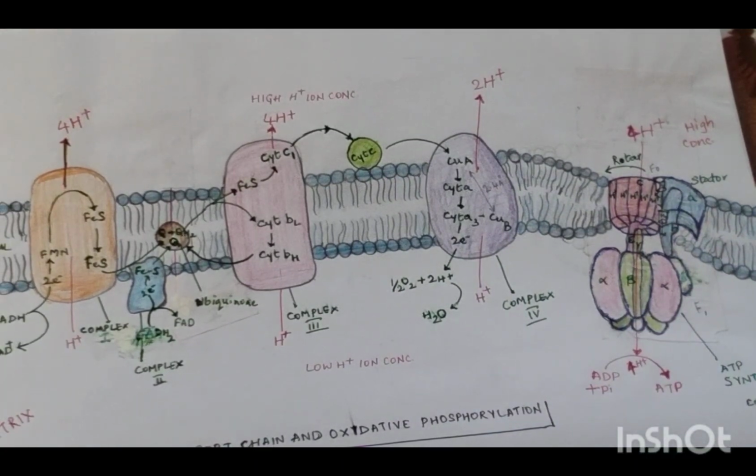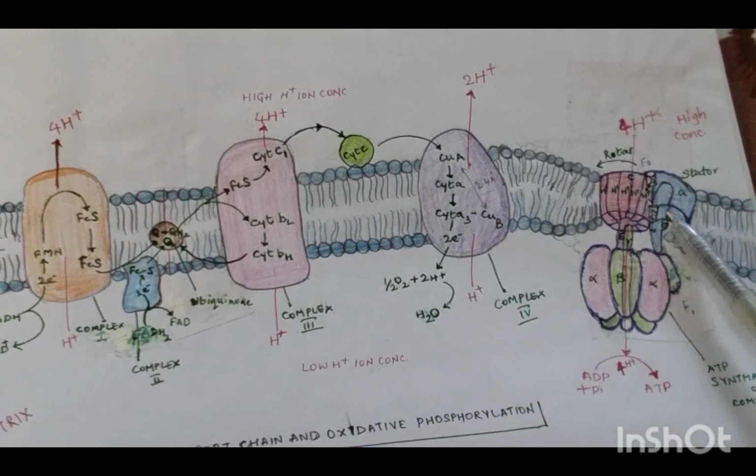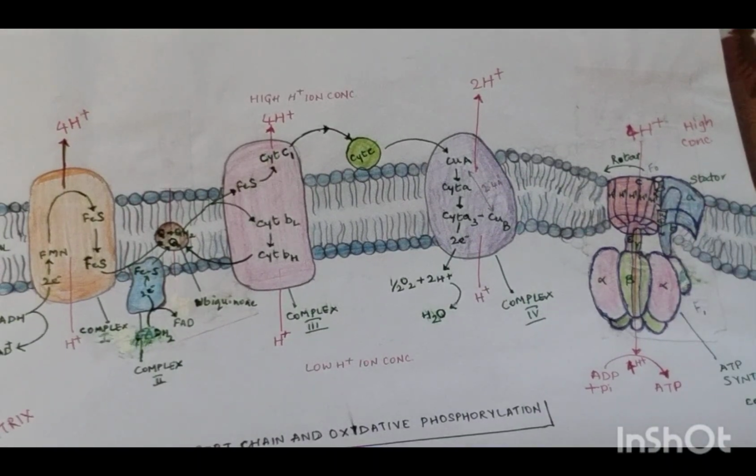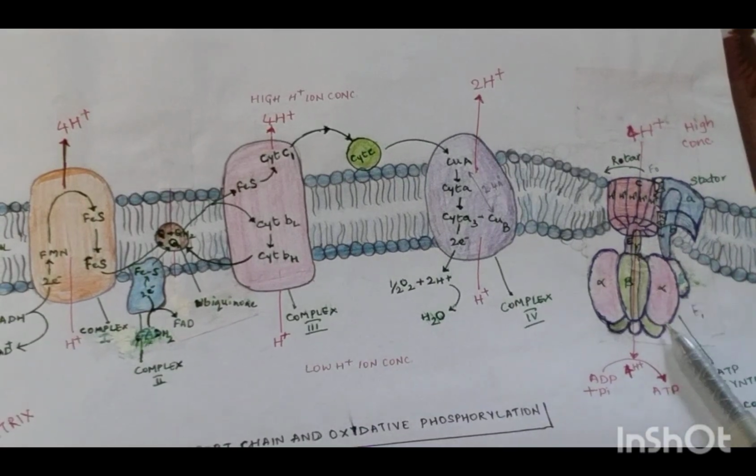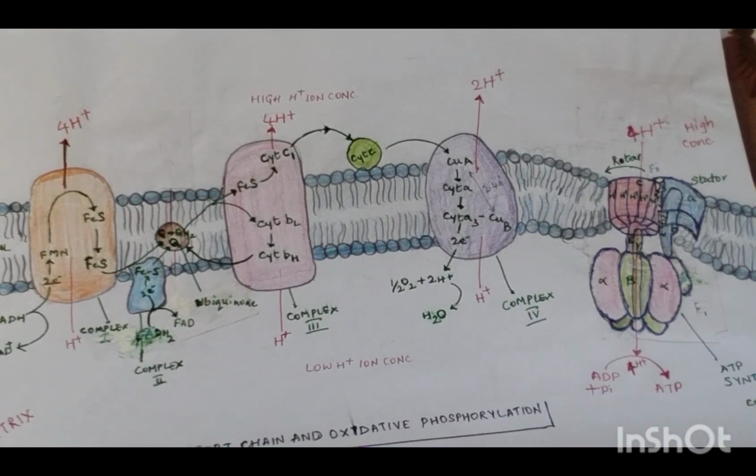F0 is a water-insoluble transmembrane protein composed of as many as 8 different types of subunits that contain a proton translocation channel. F1 is a water-soluble peripheral membrane protein composed of 5 types of subunits. With the treatment of urea, F0 and F1 subunits can be dissociated.